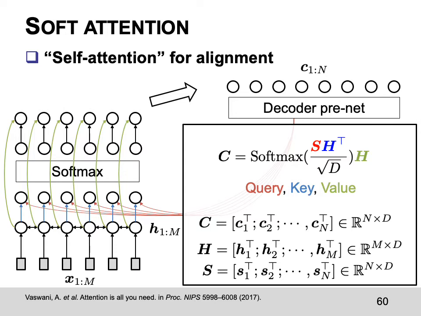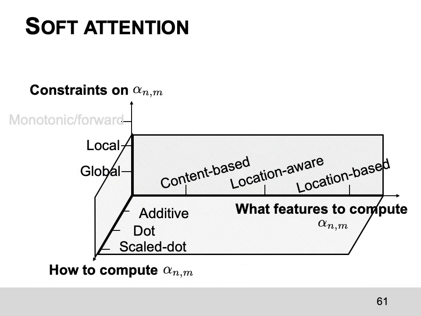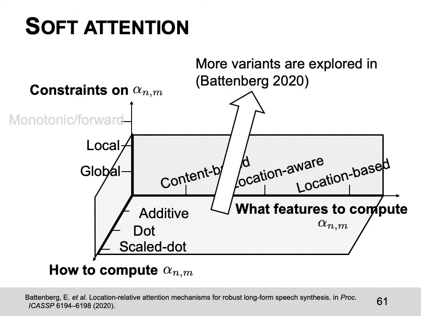But the process is quite similar, and we can do everything in parallel by using matrix multiplication. So by now, I have explained all the 3 dimensions to classify the soft attention and also an example based on the self-attention. In fact, there are more ways to combine different types of attentions, and you can find the variants in the paper published by Google this year.